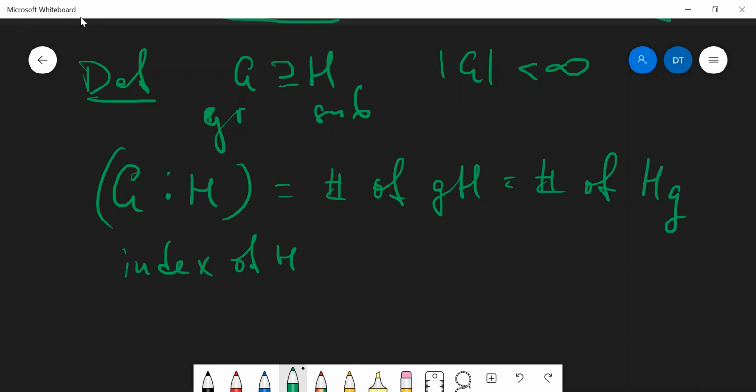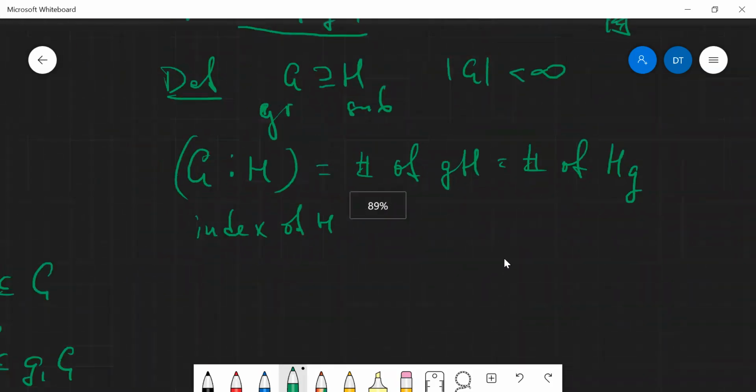So the number of cosets, it doesn't matter whether left or right, is called the index of the subgroup.